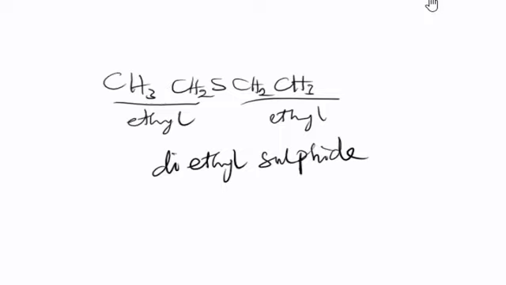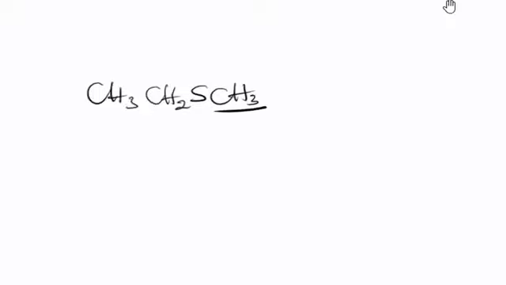So next, unsymmetrical thioesters are named by naming each of the alkyl substituents alphabetically before the word sulfide, separating each word with a space. For instance, if I have CH3, CH2, S, CH3, now notice that this is unsymmetrical because this is a methyl and then this is an ethyl.